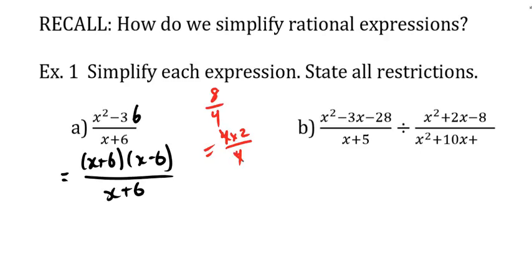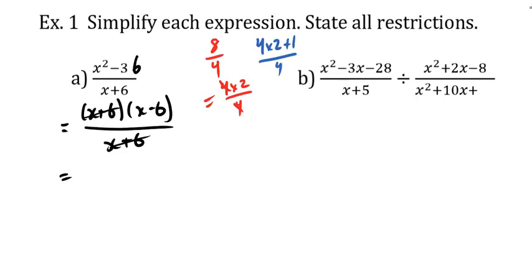As long as everything is multiplied, I can do that, right? If it looked like 4 times 2 plus 1 over 4, I can't divide those 4's. But as long as everything is multiplied, I can do that. So the x plus 6 and the x plus 6 divide to 1, and I'm left with x minus 6.